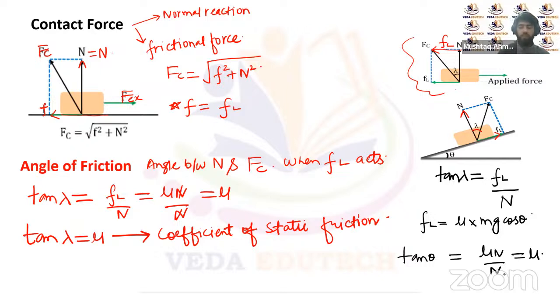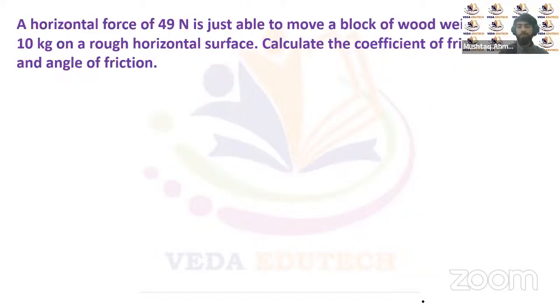So with the help of the angle of friction, we get the value of the coefficient of static friction. At the angle of friction, the block is at the verge of starting the motion, or the frictional force acting on the block is the limiting friction.